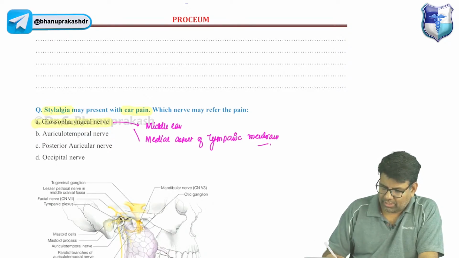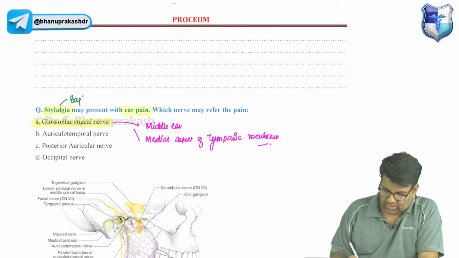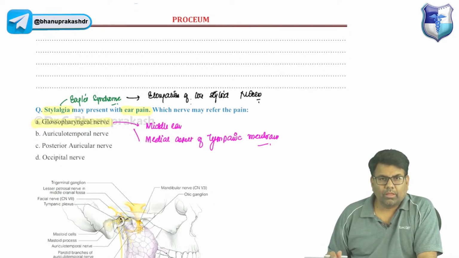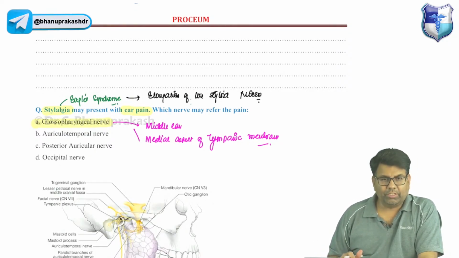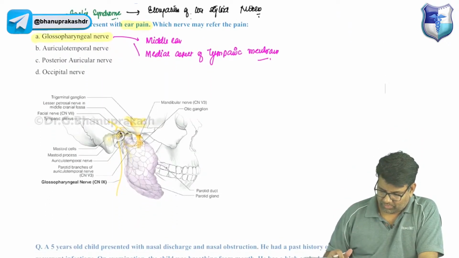So, stylalgia is one condition which is also known as Eagle's syndrome, where there is elongation of the styloid process. There can be irritation of the glossopharyngeal nerve, which can refer the pain to the middle ear. Right? So, this is Eagle's syndrome, stylalgia.